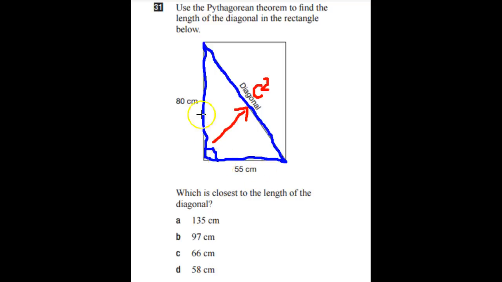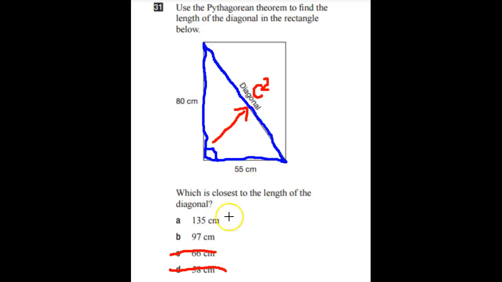So I know that my hypotenuse has to be the longest side. So there's no way that this length of the hypotenuse is 58. So I'm going to get rid of that. I'm also going to get rid of the 66 as well. The reason being, again, my hypotenuse has to be the longest side, and 66 is not longer than 80.